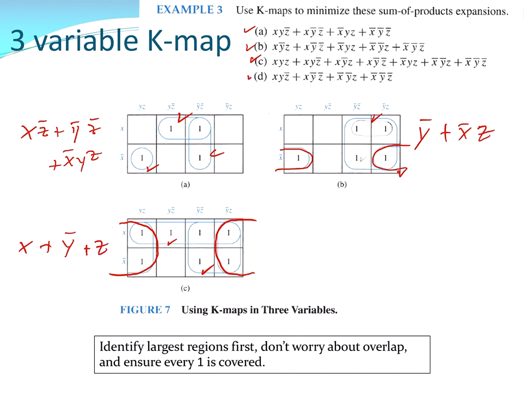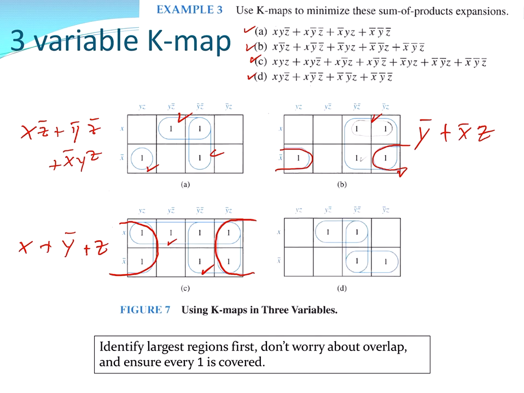Okay, finally, we'll do D. We see that it has 4 ones in it, and we have 3 groupings covering those ones. The first horizontal grouping is going to be x and z bar. The second horizontal grouping is going to be x bar and y bar.